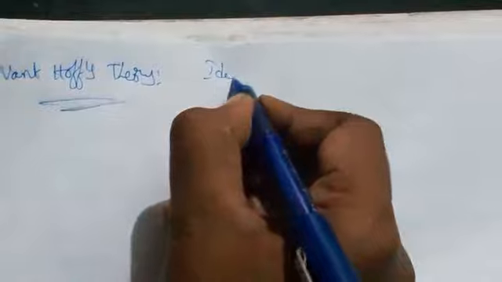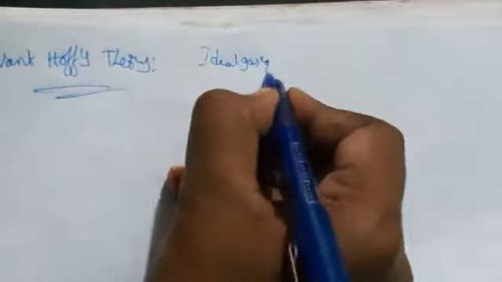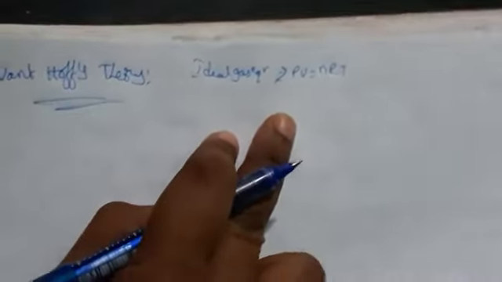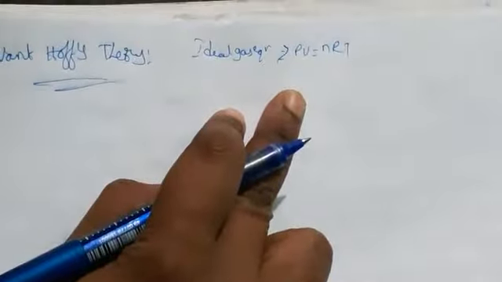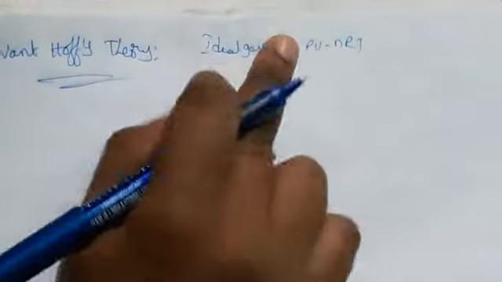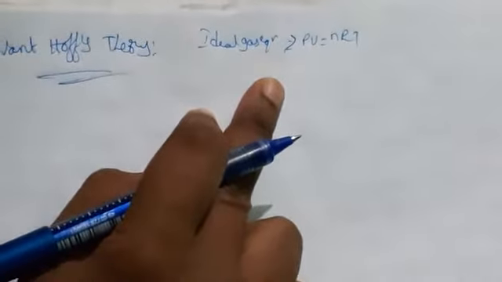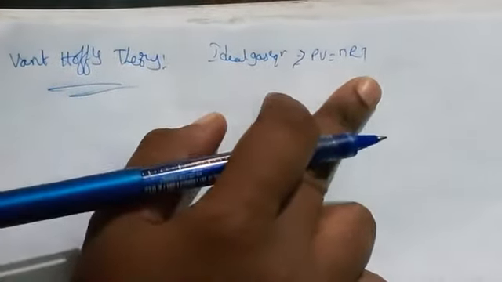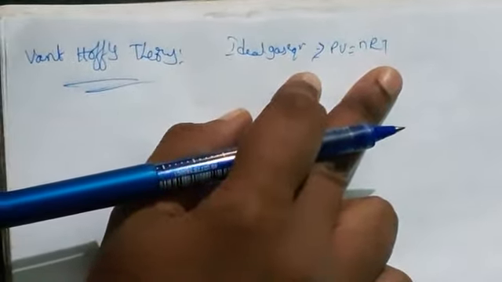As we know, the ideal gas equation is PV equals nRT for n moles of gas. This is an ideal gas, which obeys all gas laws like Boyle's law, Charles' law, and Avogadro's law. Those gas laws are obeyed by the ideal gas equation.